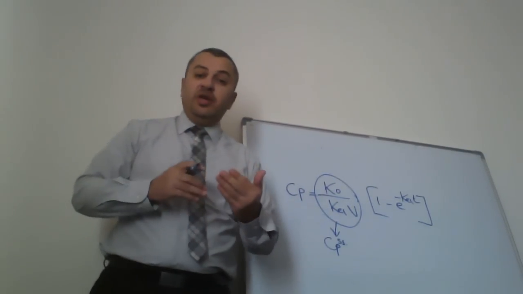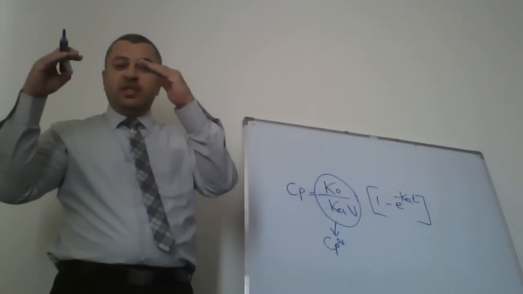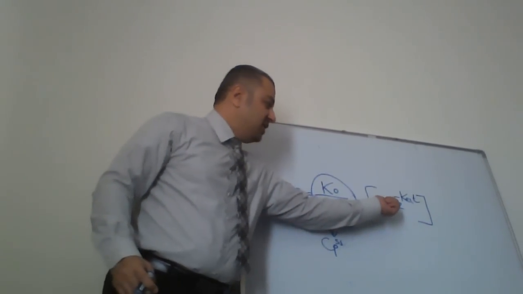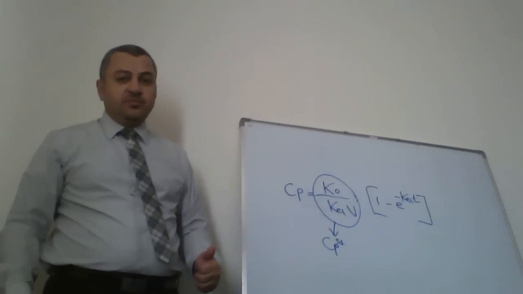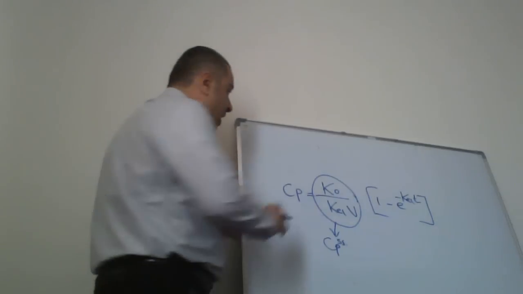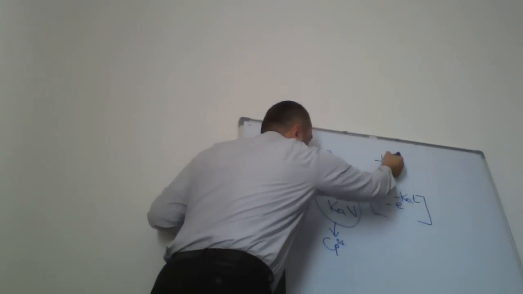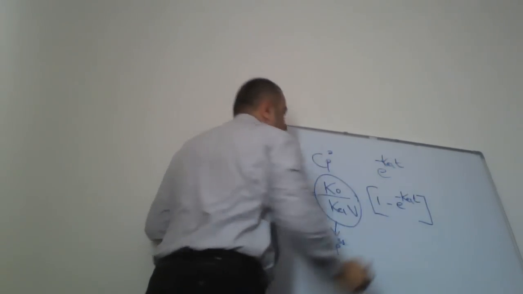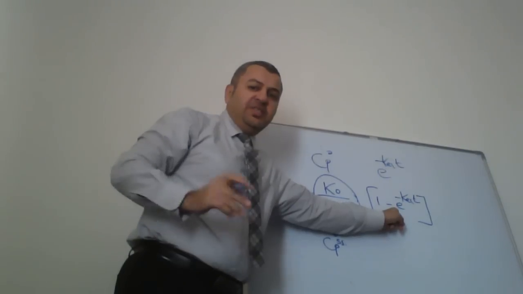What we are doing now, we are building concentration with time until we reach steady state. So the opposite of that is 1 minus e to the power of minus Kt. It looks similar to Cp0 e to the power of minus Kt, but this one is the opposite.